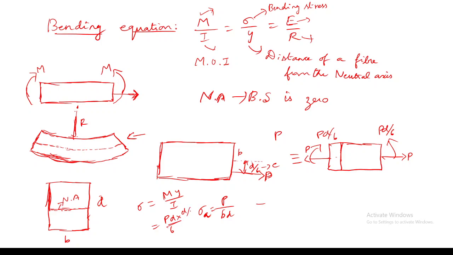So it will be D by 2 divided by the I value for a rectangular cross section, which is BD cube by 12. Yes, BD cube by 12. So ultimately, what will be the maximum bending stress value?